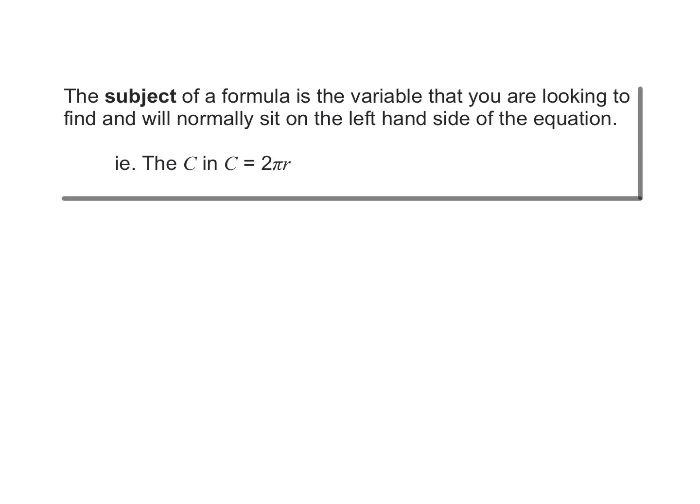Now, in a formula, the subject of the formula is the variable that you are looking to find or solve for, and will normally sit on the left hand side of the equation. For example, in C equals, or circumference equals, 2 pi multiplied by radius, the C here is what we call the subject.